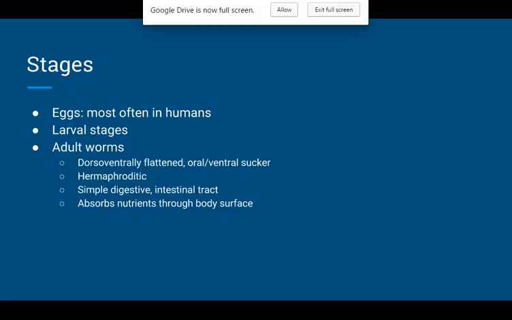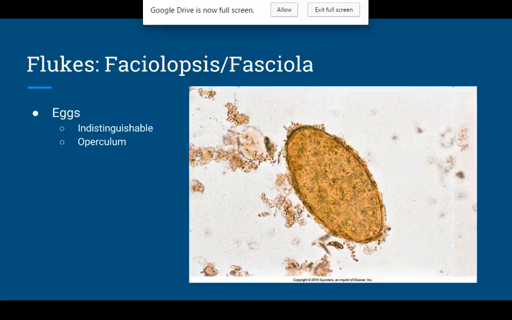They usually have an oral and a ventral sucker that helps them eat. They're hermaphrodite, or not all of them, but some of them are hermaphroditic, which means they can self-fertilize and they don't have to have sexual contact to be reproductive. They have a simple digestive and intestinal tract, and they absorb and release nutrients and release waste through their body surface.